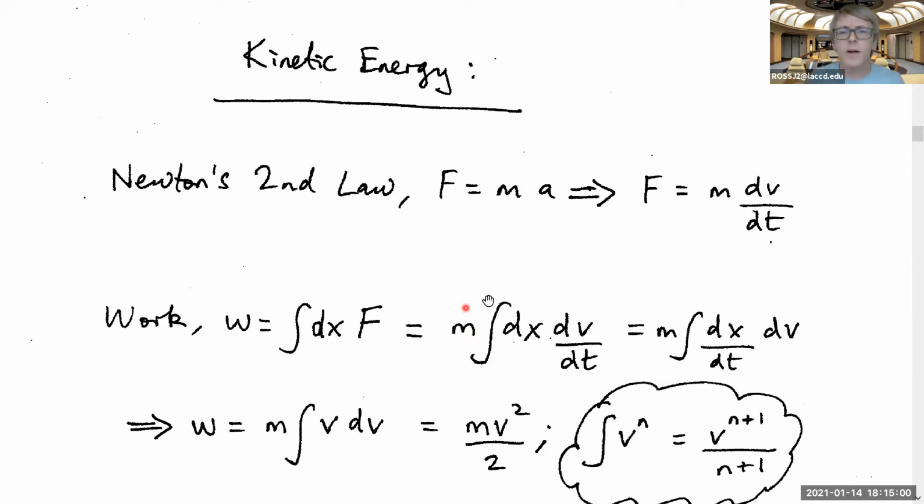So I can now substitute this expression for force into this expression for work. Instead of F here, I'll write m dv by dt. I took the m to the left side of the integral sign because it's a constant and I'm not going to integrate over it.